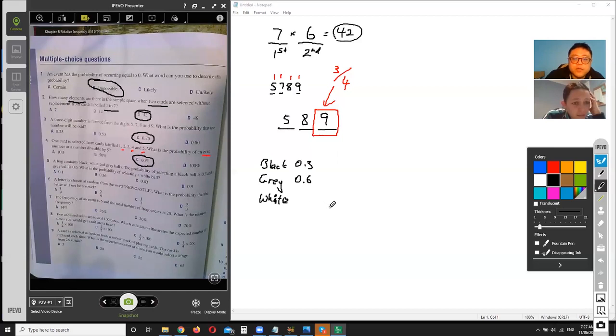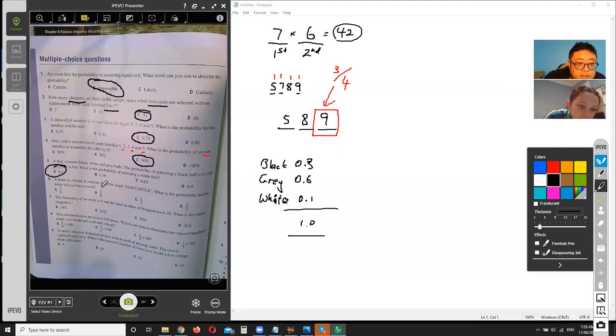Have a think: what should they all add up to? It has to add up to 1. 0.3 plus 0.6 is 0.9, so the white ball is 0.1.